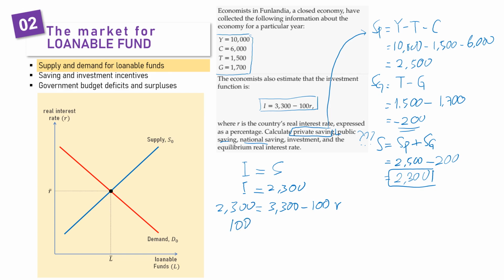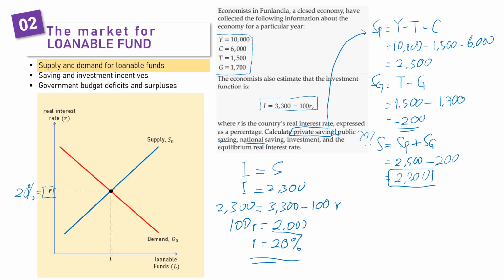So 100R equals 2000. So R here is very easy to obtain, which is the division of 2000 by 100. It will be 20. Since it is said that it is in percentage, R is 20%. So if you draw the diagram here, the equilibrium real interest rate is equal to 20%.